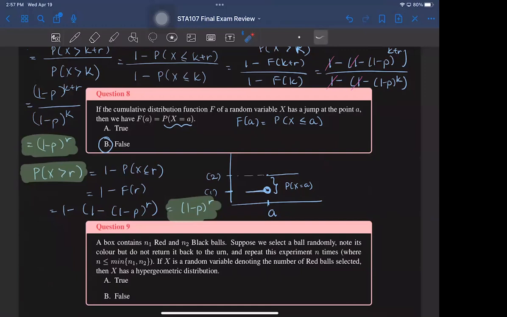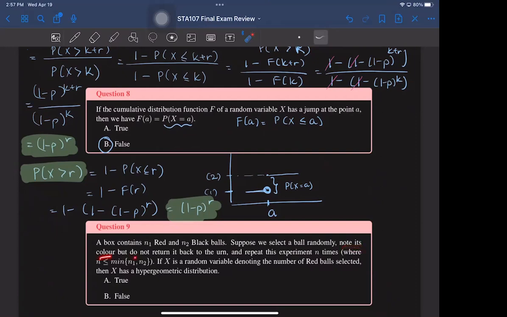I see a student answer false. Why is that? So we have that.